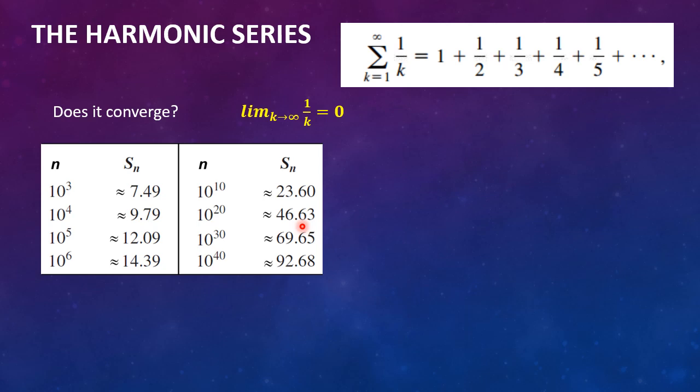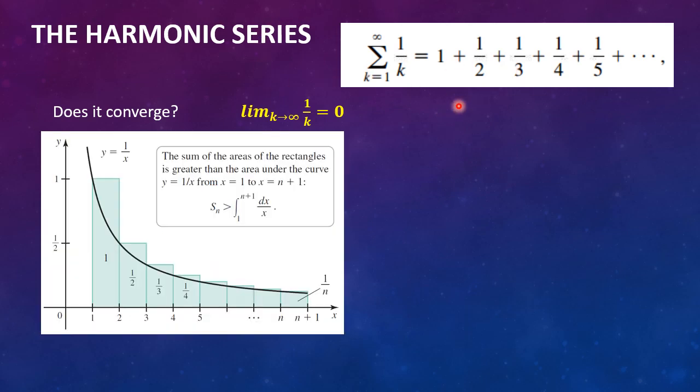Something that might help is if you recognize, when we look at the original harmonic series, if we made this y equals 1 over x, the same formula as 1 over k, that this is actually a Riemann sum with left-edged rectangles, where the first rectangle is 1 high and they're all 1 unit wide because we're using integers, so its area is 1.